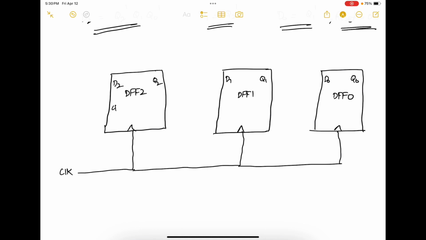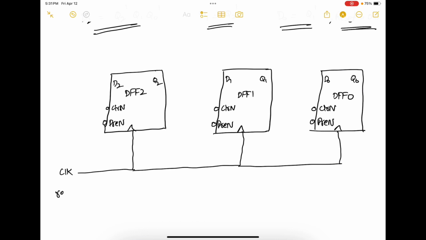Also, they have clear N and pre-N. Clear N, pre-N, clear N, and pre-N. All these are active low signals or active low inputs.